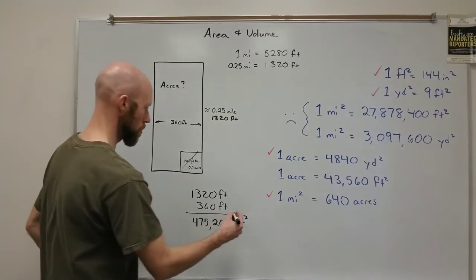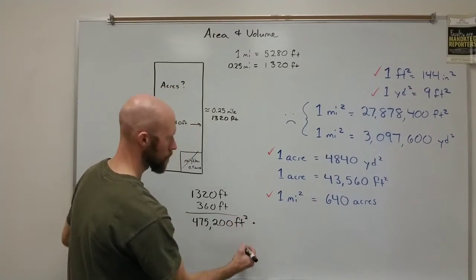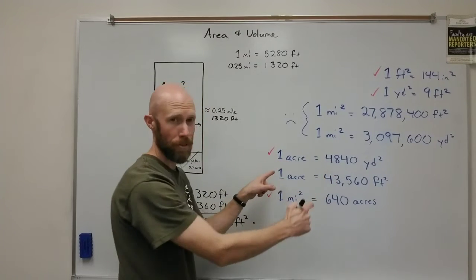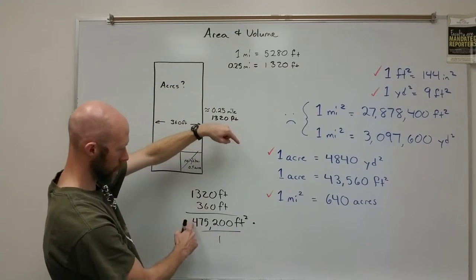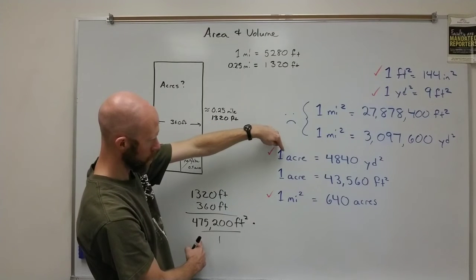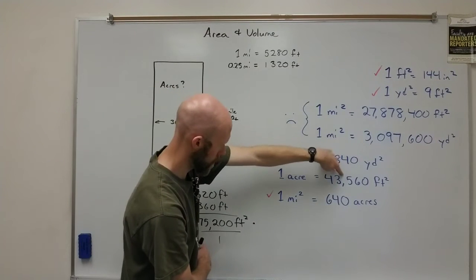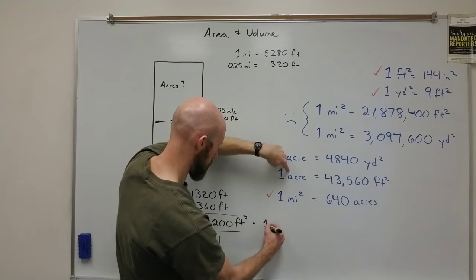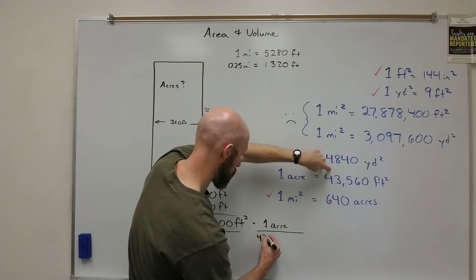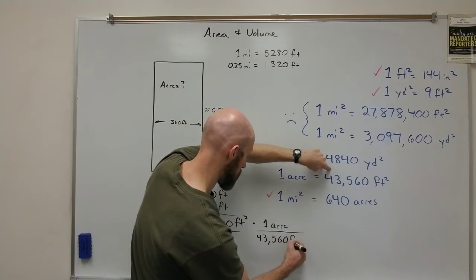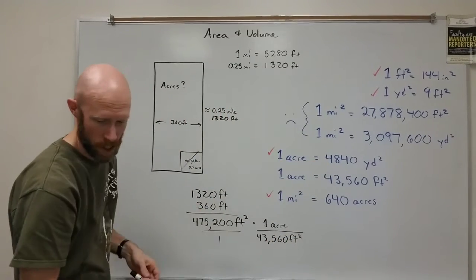So I'm going to multiply this by a unit fraction, where square feet, remember this is like a fraction over 1, are on the bottom and an acre is on top. So it's 1 acre over 43,560 square feet. So you have to do a division.